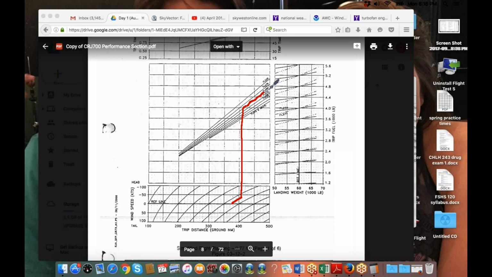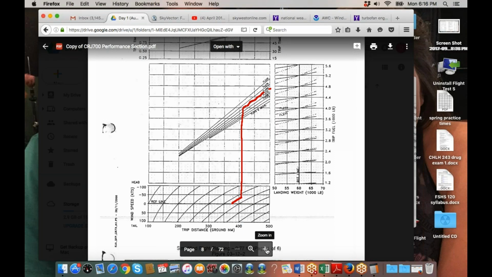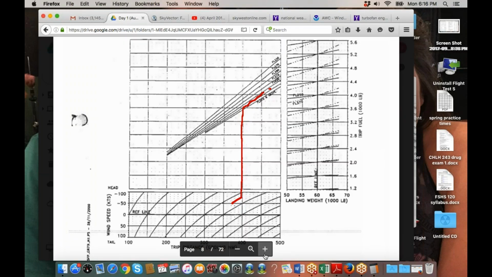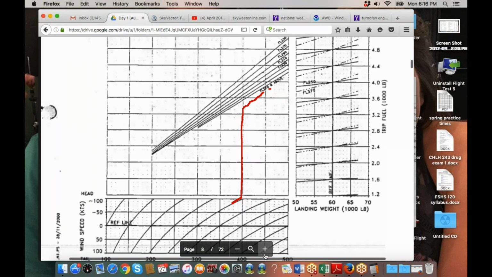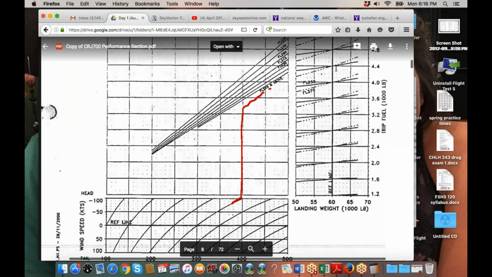We can't read that. Oh, yeah, those are flight levels. This reads 290. I can't hardly read it either. That's all good, just clarifying that it is a flight level. Even if I zoom in, you can see it.